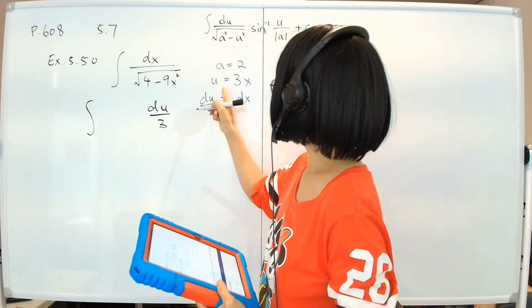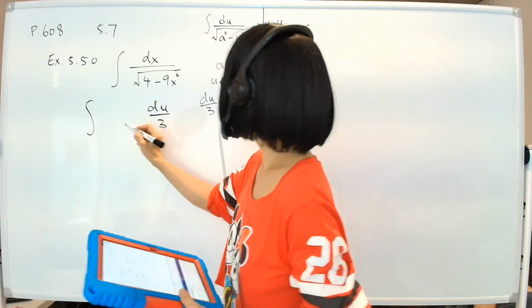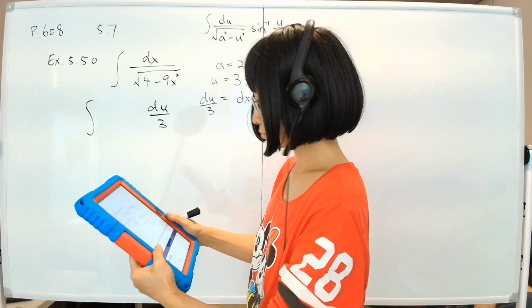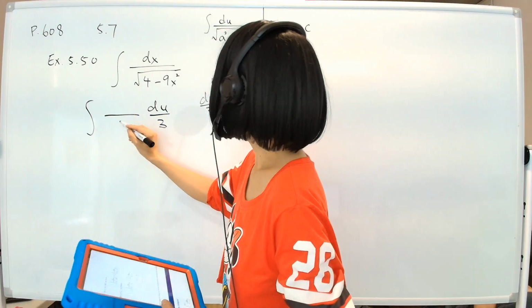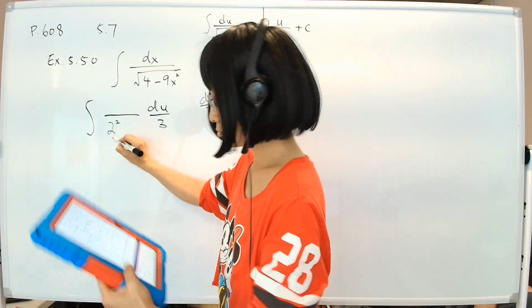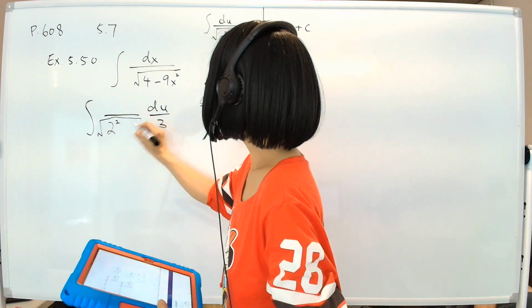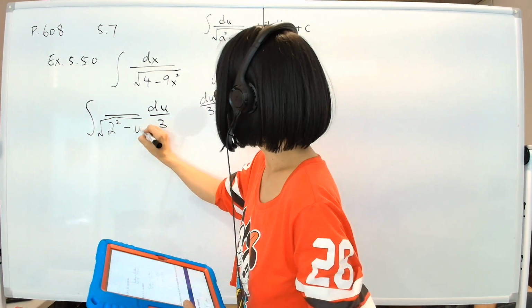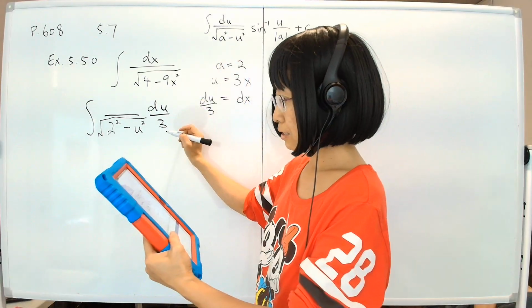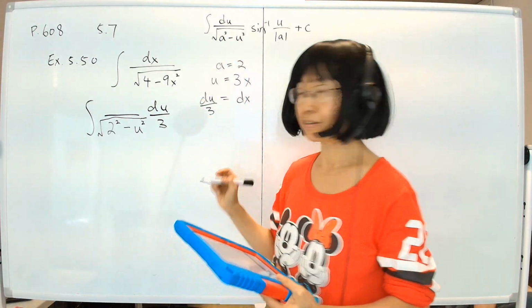And then a is 2, so 2 squared minus u squared, so it looks exactly like this form. And that's about it. We have everything taken care of.